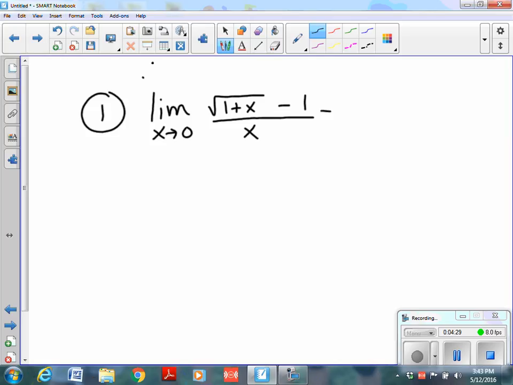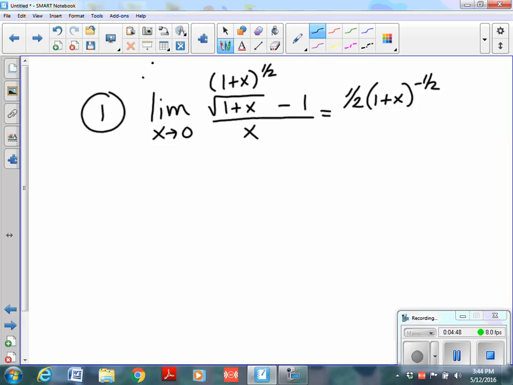It's not working right now. So you're going to redo it. This is the same thing as 1 plus x raised to the 1/2 power. So I'm going to take the derivative of that, which is 1/2 times 1 plus x raised to the negative 1/2 power. You don't have to do the inside, which is 1.